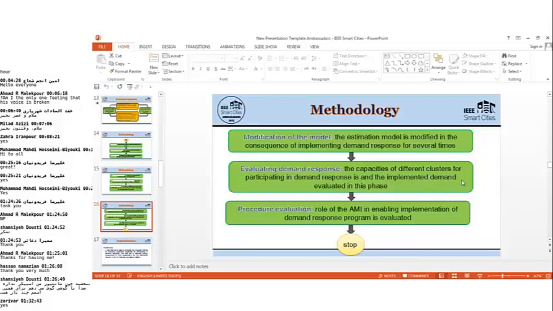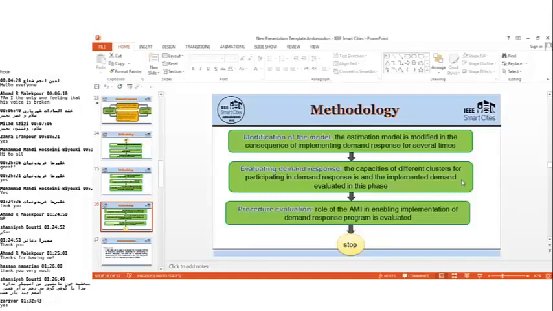And to achieve a more accurate sense and more accurate knowledge of different clusters' capacity, we need to implement demand response several times. It would modify the capacity achieved the first time of implementing demand response.